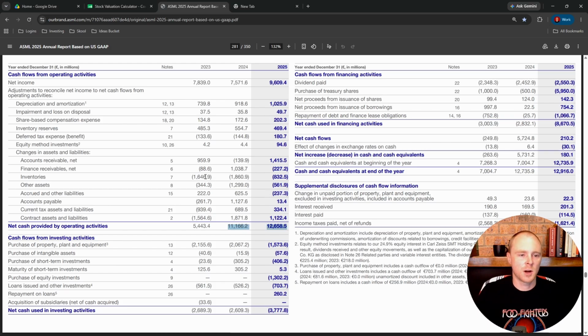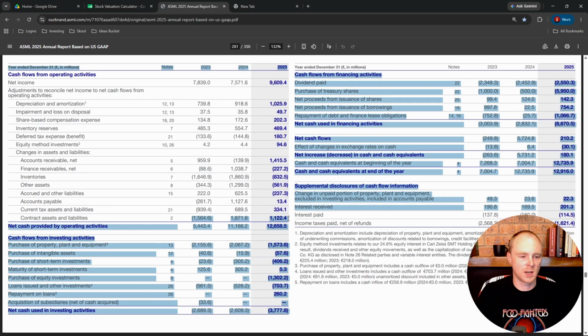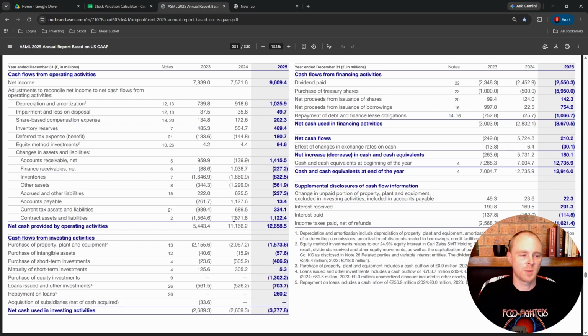There are a few items in here that have impacted that. So between different years, this contract assets and liabilities has taken away from one year and then been additive in the other years. And so I would expect this number to be a bit closer to reality. All right, so we've got that.